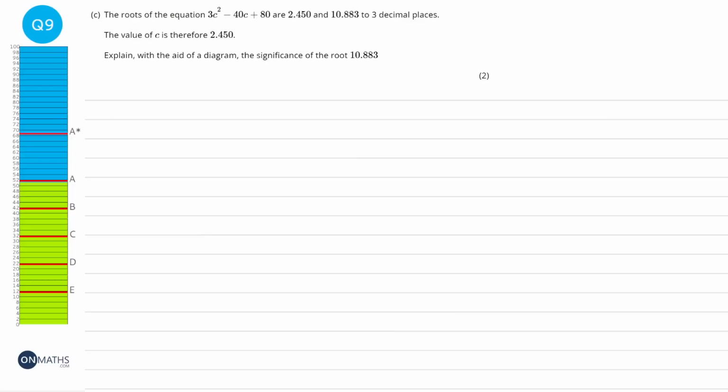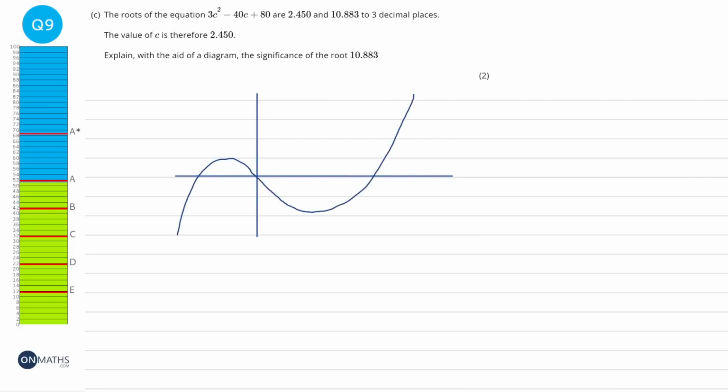Part C seems a bit confusing because surely there's only going to be one root, and I'll show you that on a diagram. And so we'll just go to a quick sketch. And we could have used the same diagram in part A, because we're just going to draw most of the same stuff. So we're going to have this, this, and then this.